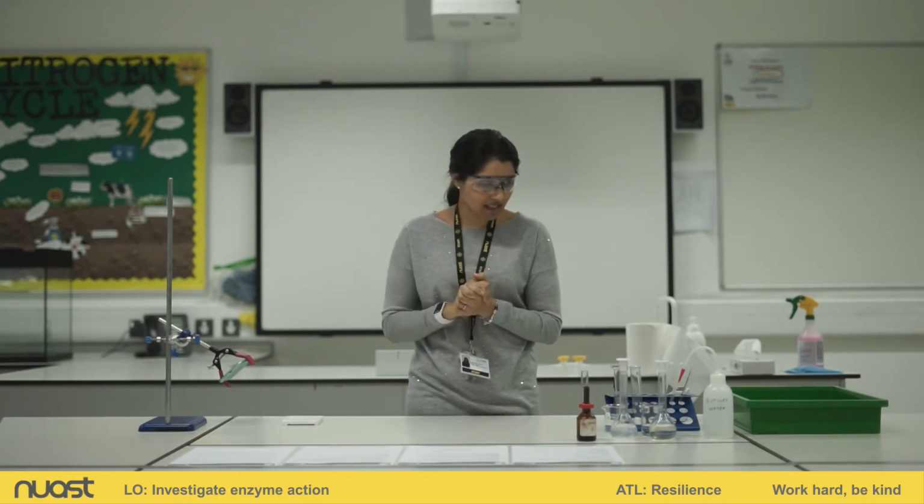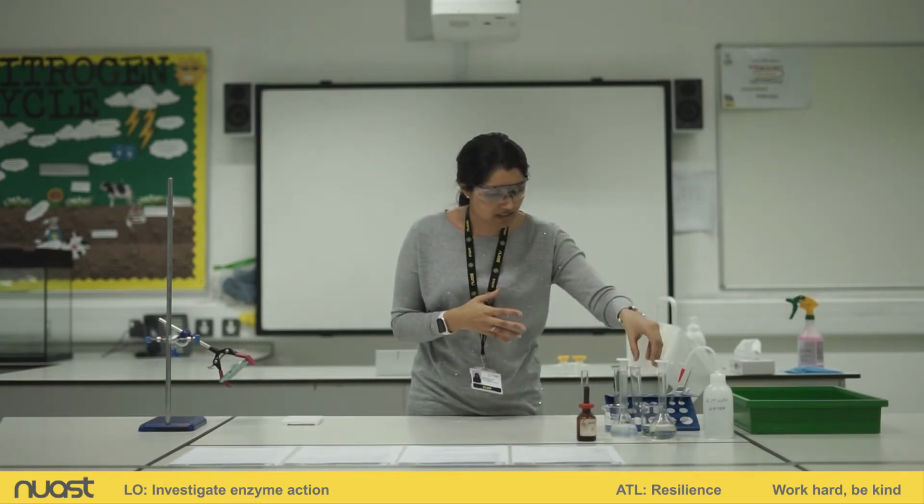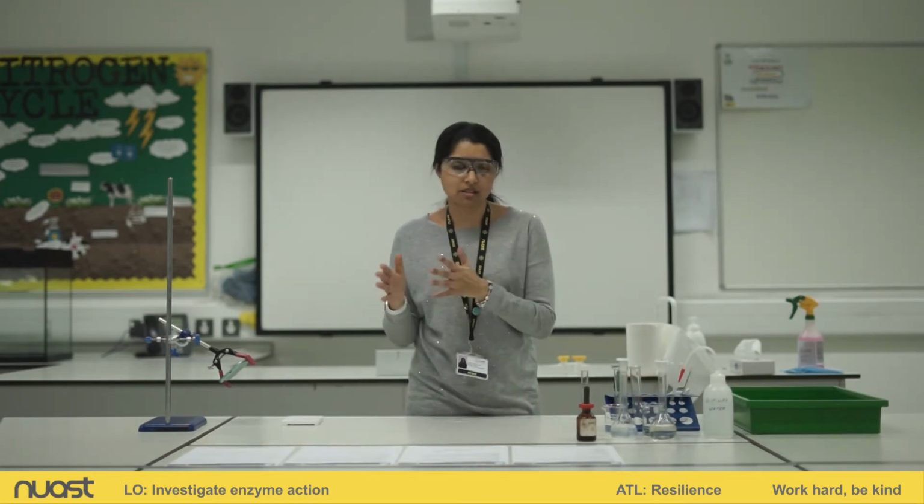So if starch turns blue-black, what do you think would happen when you add an enzyme? Now remember what enzymes do. This particular enzyme breaks down a substrate. Our substrate is starch. So this enzyme, which is cellulase, breaks down starch.